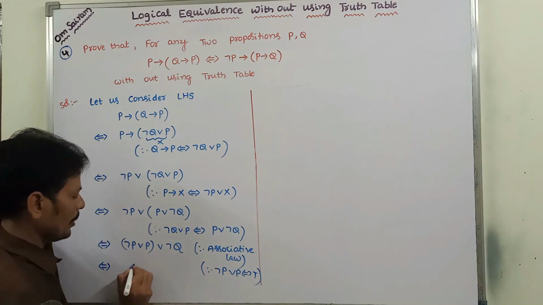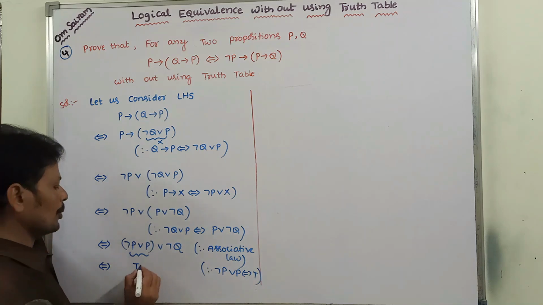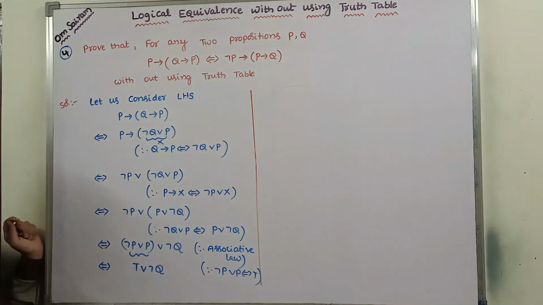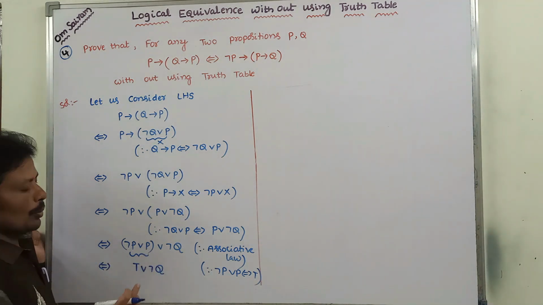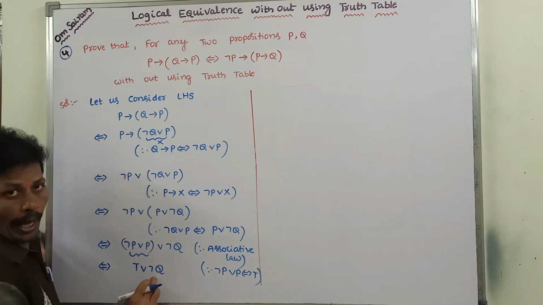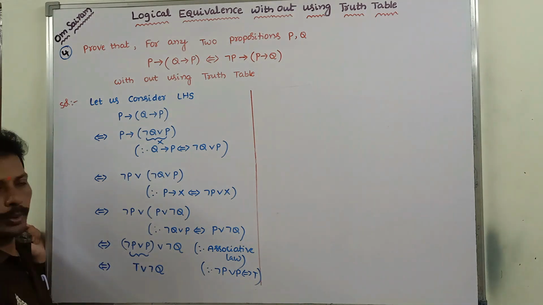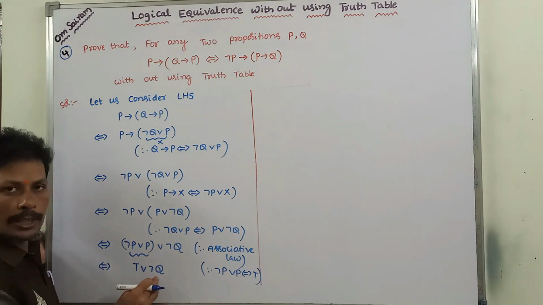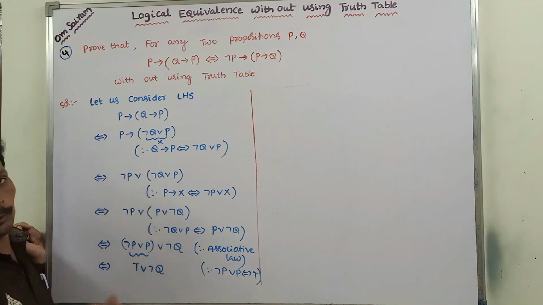Okay, so that we have to substitute true in the place of negation P or P. So true or negation Q. Now, in the place of negation Q, we are substituting true value. True or true is nothing but true. In the place of negation Q, we are substituting false value. True or false is nothing but true value.